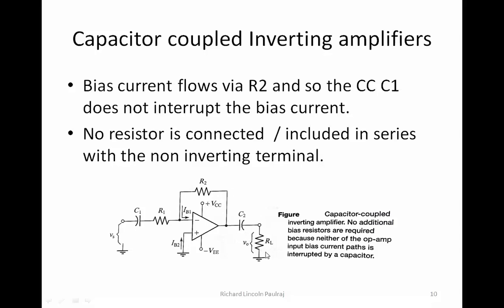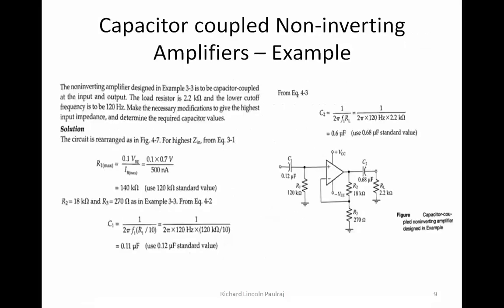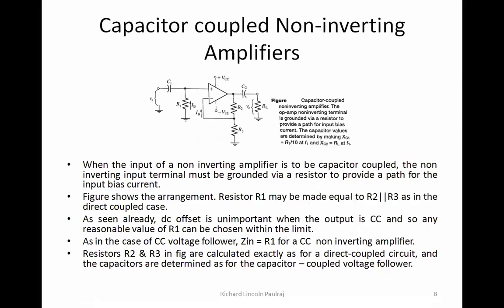So if a question is asked, with a neat diagram, okay, draw the voltage follower with the capacitor coupled configuration, then you will have to draw the previously discussed one. Okay. And if we have to show the non-inverting configuration with capacitor coupled, then this is what we're going to do, right?